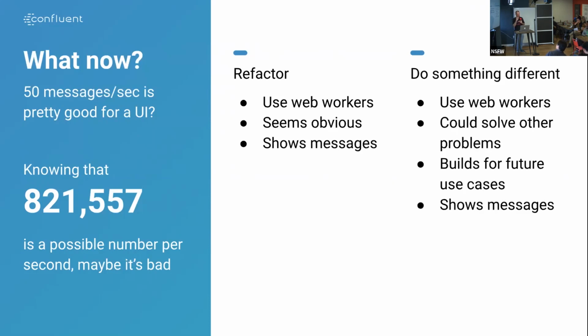So we need to figure out a way to offload this onto something else, and the way that you end up doing that is through web workers, which we'll get to in a sec. But first, that's one problem that we have: we can't use 100% of the CPU on the main thread. That's bad. So if we just refactor with web workers, it makes a lot of sense.